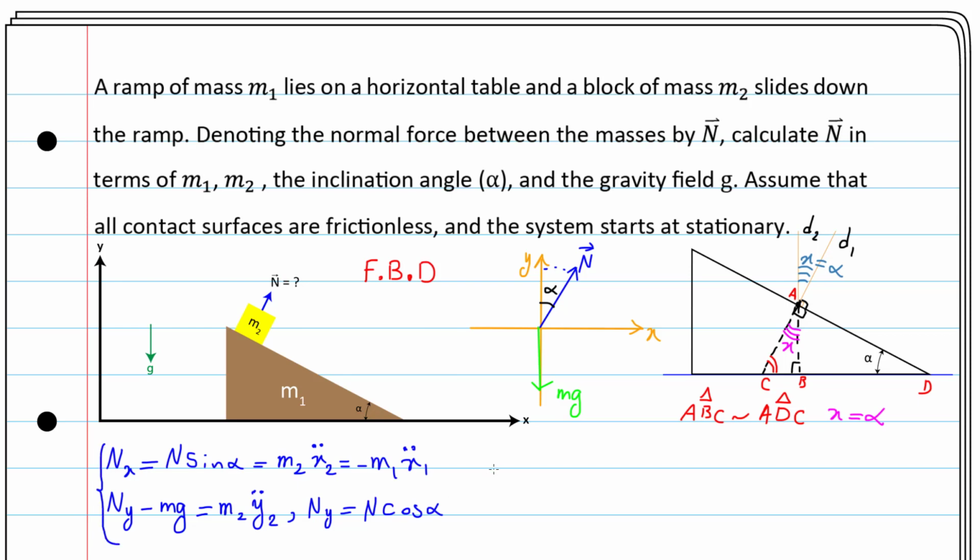To find the normal force, we need an additional constraint equation which comes from geometry. So m1 observes m2 accelerating downward and to the right at an angle alpha.